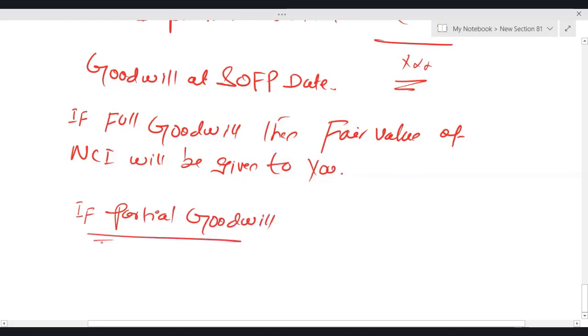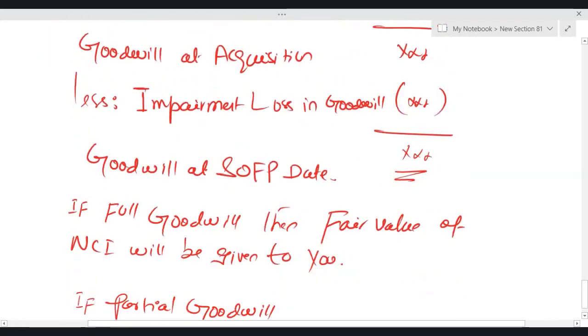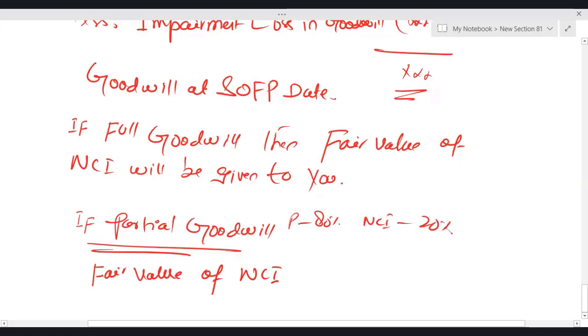So in case of partial goodwill, how will you calculate this fair value NCI? Very easy. I'm just giving you an example, okay? Assuming we are solving a question on the partial goodwill method, how will you calculate the fair value NCI? Just write NCI at acquisition or fair value NCI, no issue at all. Assuming parent's holding is 80%, so NCI holding will be 20%. I'm just assuming for the sake of format.